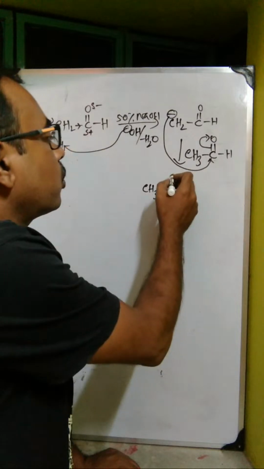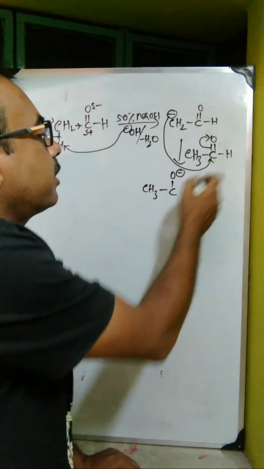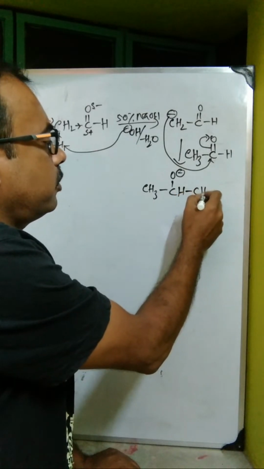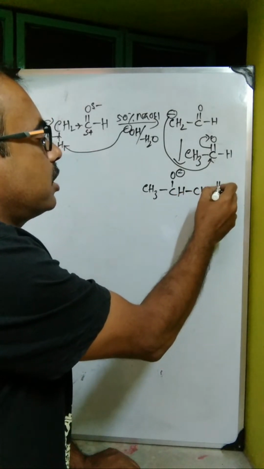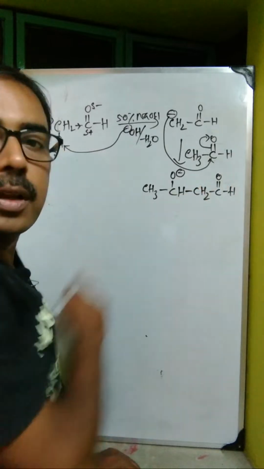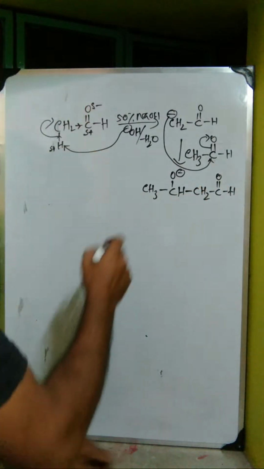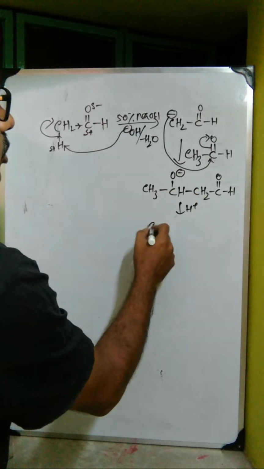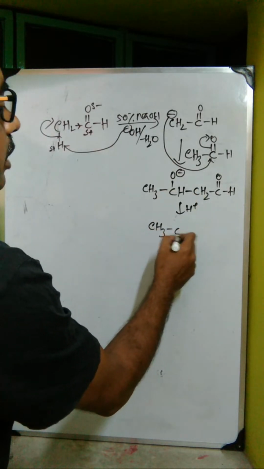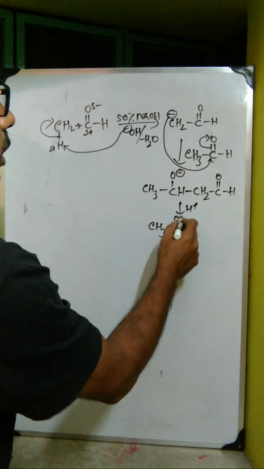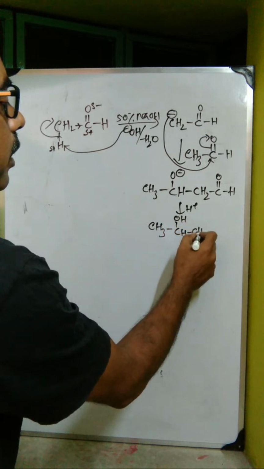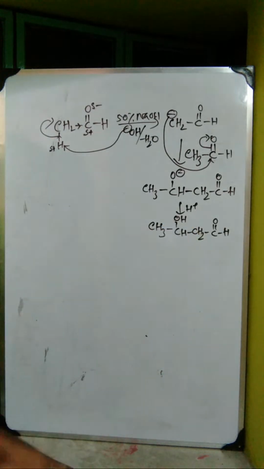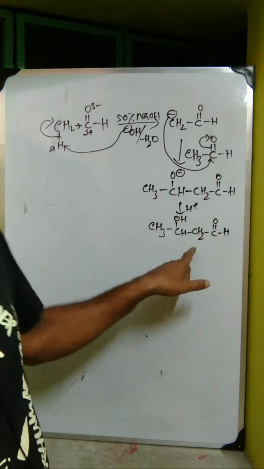So single bond O−, then hydrogen is there, and a bond is formed with this CH2, then single bond C double bond O, H. And ultimately you have to acidify the solution. When H+ is given, O− takes this H+ to form CH3CH(OH)CH2CHO. So this is the aldol product.